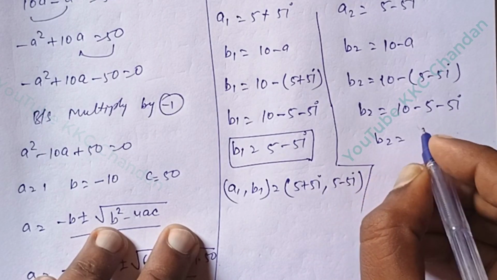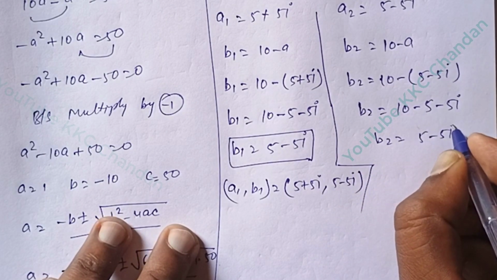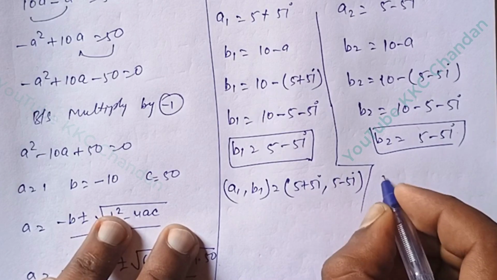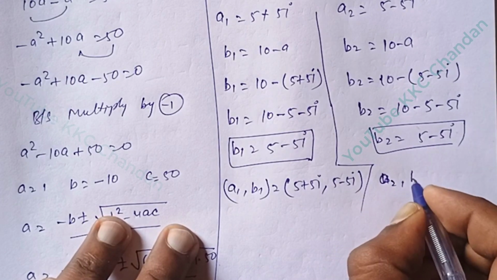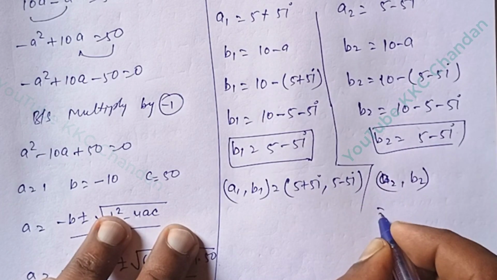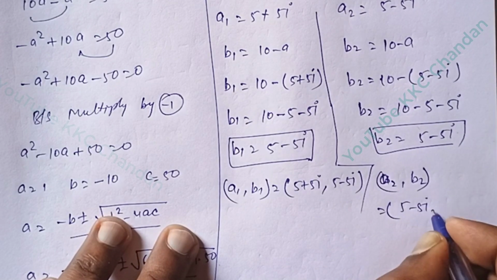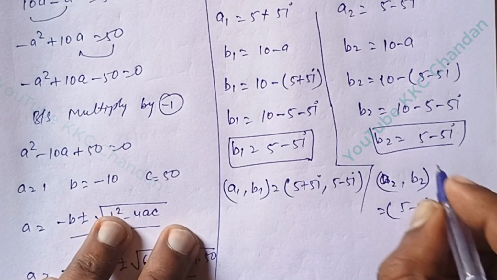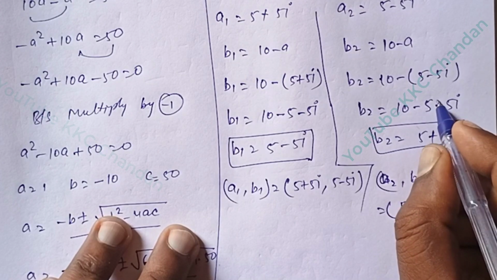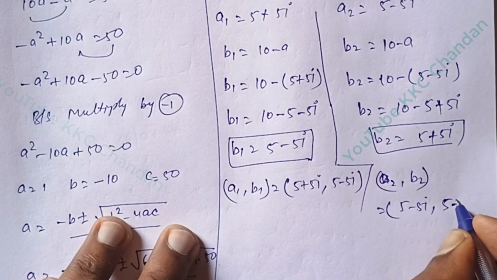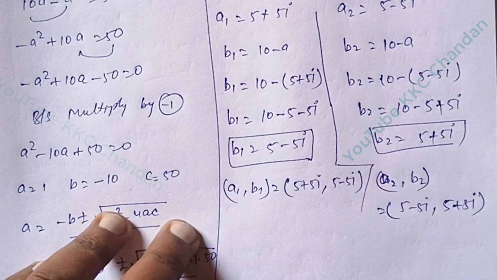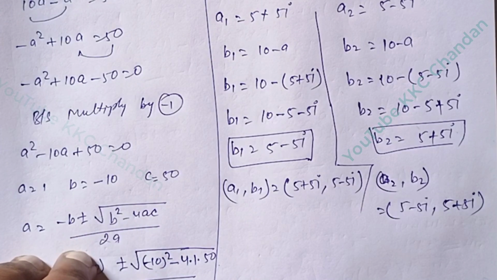Therefore b2 is equal to 5 plus 5i. Therefore a2, b2 values are: a2 is 5 minus 5i, b2 is 5 plus 5i.